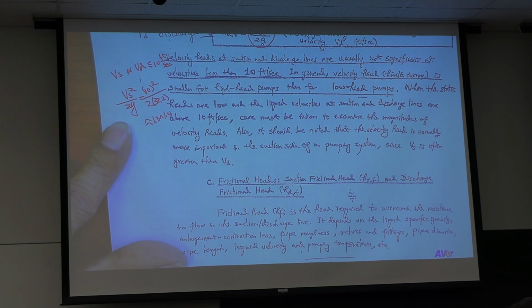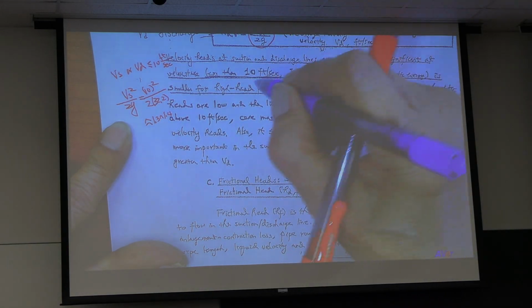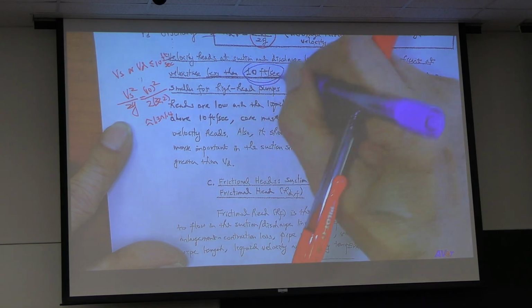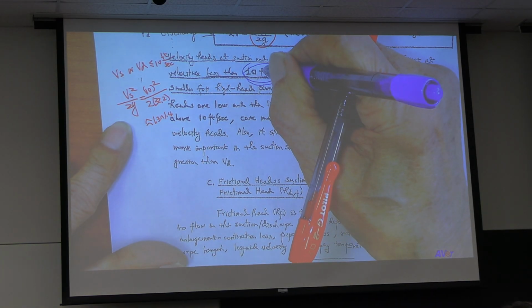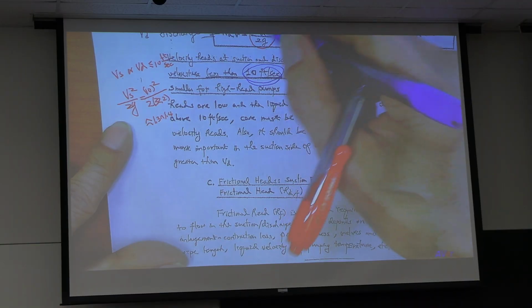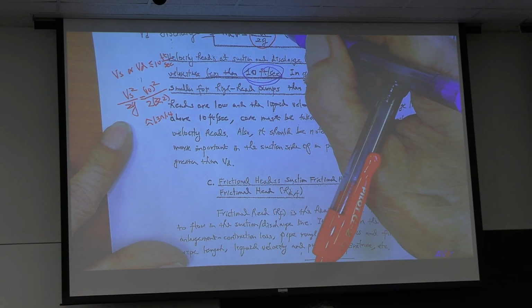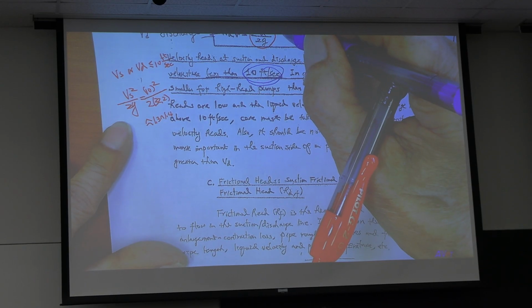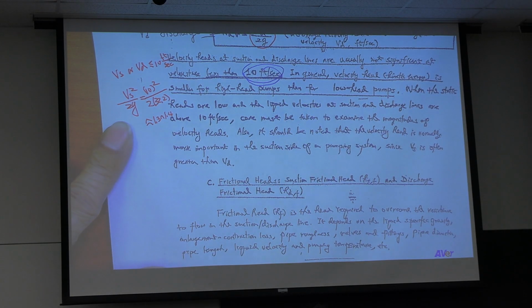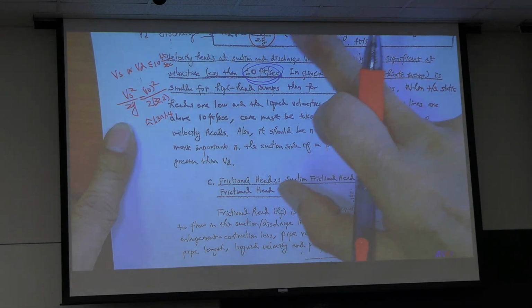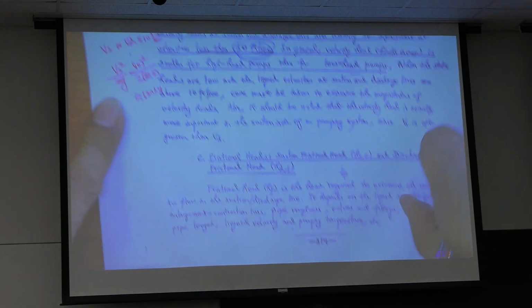Normally, if the velocity is less than 10 foot per second, you may ignore this term, but not always, depending on the problem. We have a detailed numerical example for this step later.